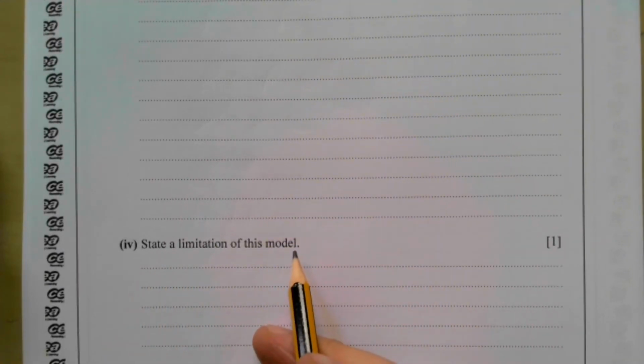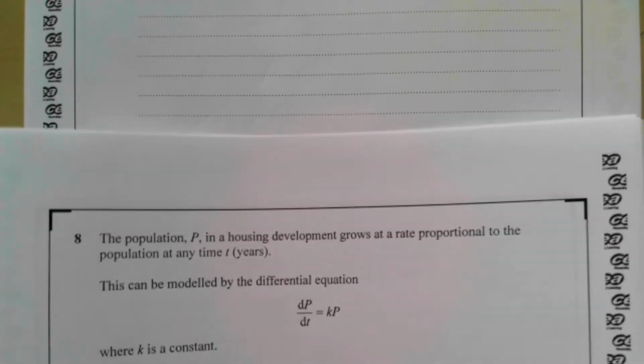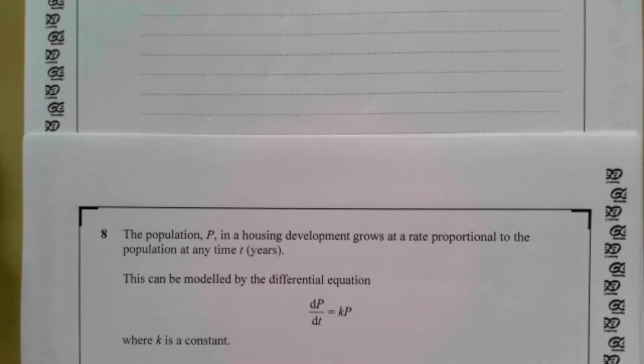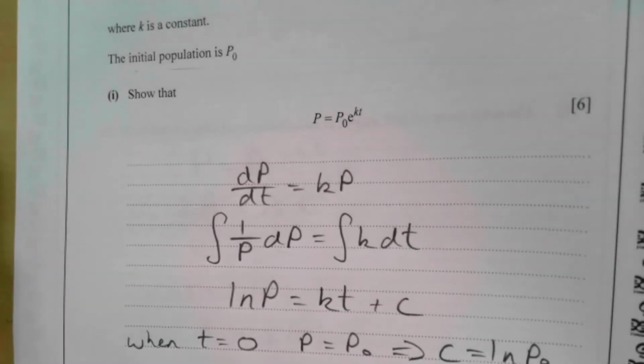State a limitation of this model. Well, if you read back to the very start of the question, it does say that it's in a housing development. So this here is growing and it's going to grow to infinity, and that obviously can't happen in a housing development. So something like that would be fine.